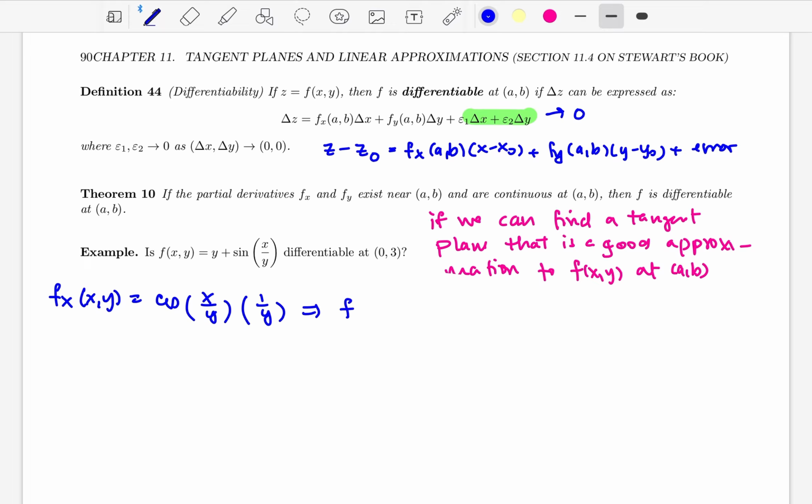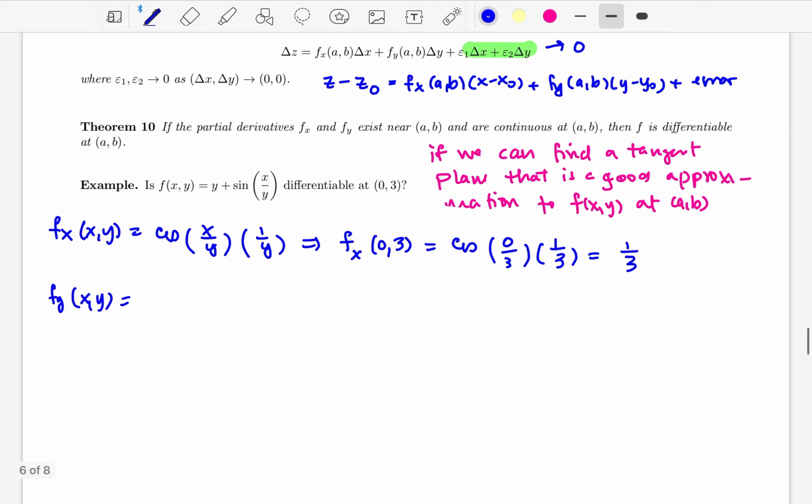That tells me f_x at (0, 3) is equal to cosine of 0 divided by 3, times 1 over 3. So this is cosine of 0, which is 1, times 1 over 3. It's 1 over 3.